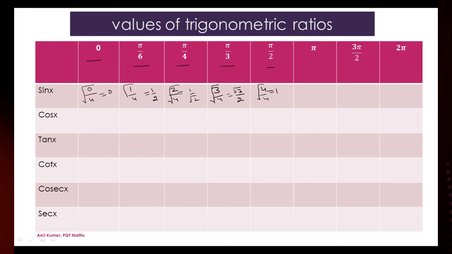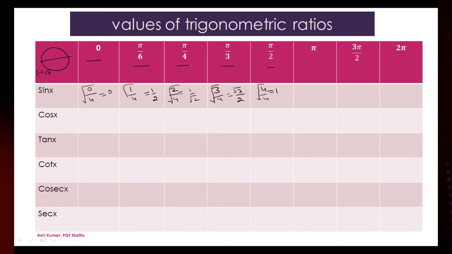Don't go beyond this 4, because sine will not have a value more than 1, because sine exists in a unit circle, and in a unit circle it cannot go beyond 1. So at pi, if you remember our circle, when the angle is pi, the coordinates of this point, point C, were x is -1 and y is 0, and the value of y is the sin x.